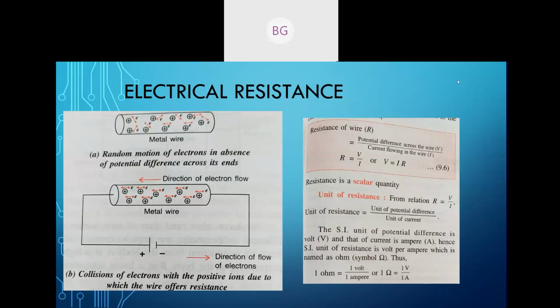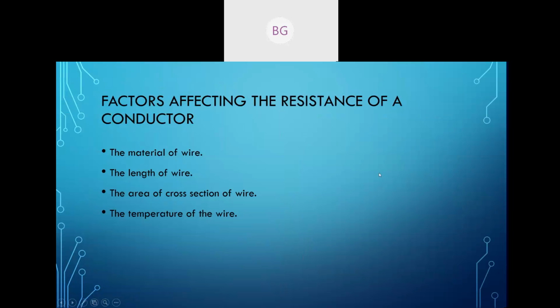Next, moving on to what are the factors which affect this resistance? The resistance of any conductor depends upon four main factors. The first factor is the material of the wire.